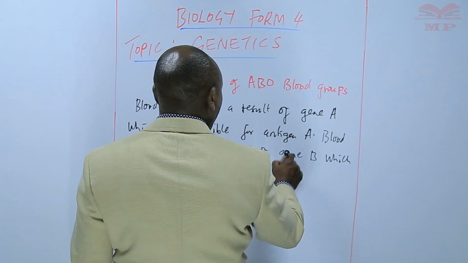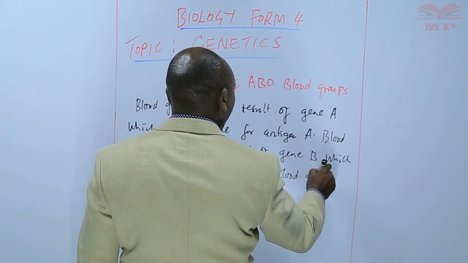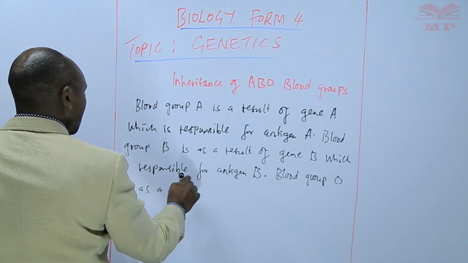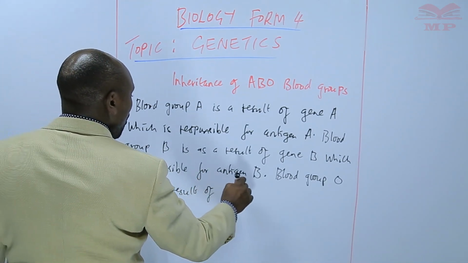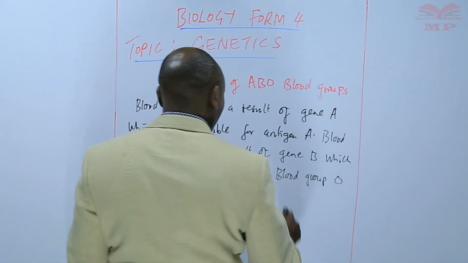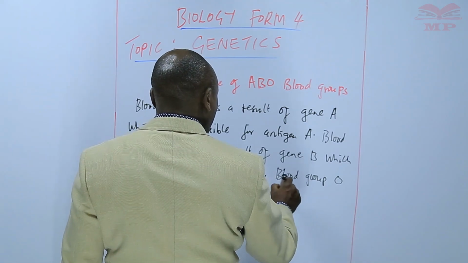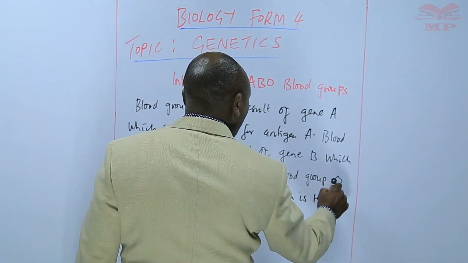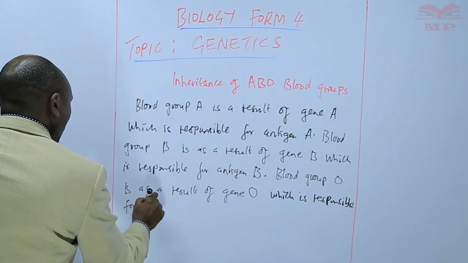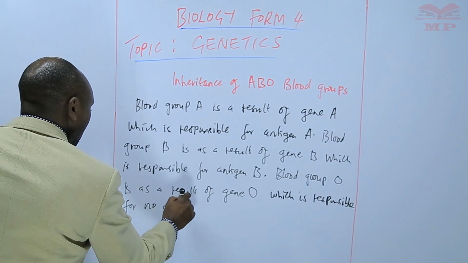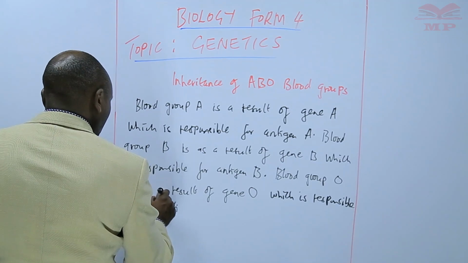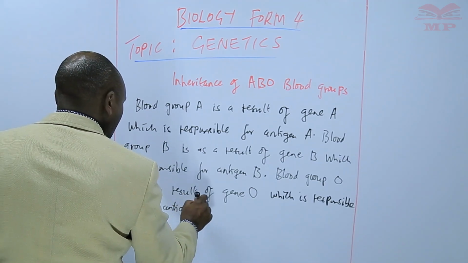Then we have blood group O is as a result of gene O, which is responsible for no antigens.